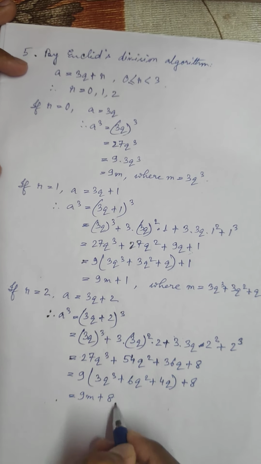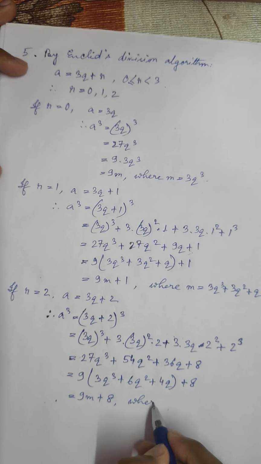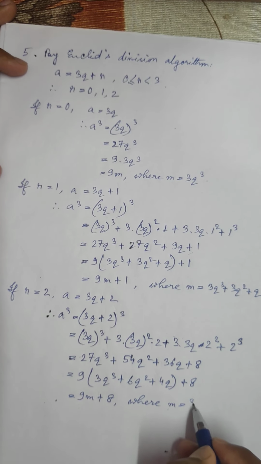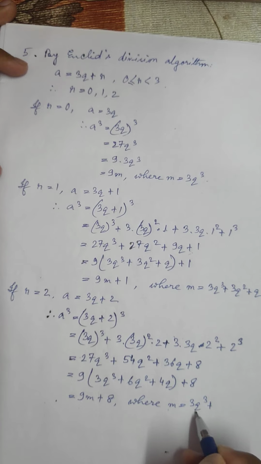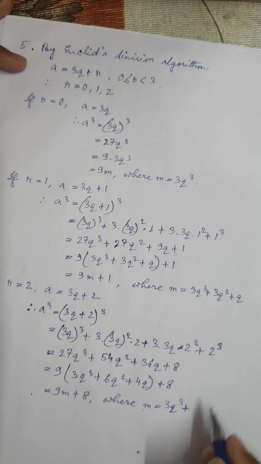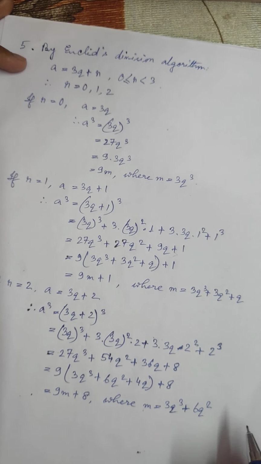So 9m plus 8, where m equal to 3q cube plus 6q square plus 4q.